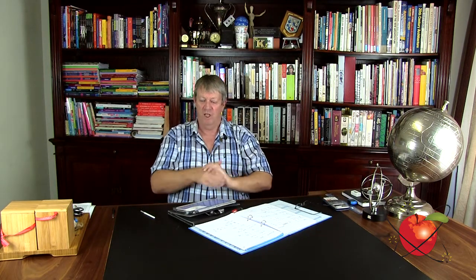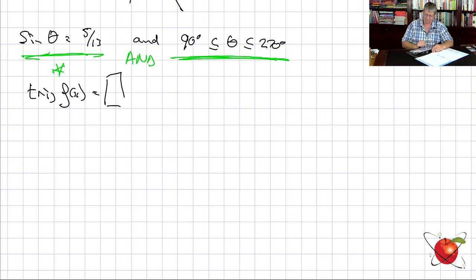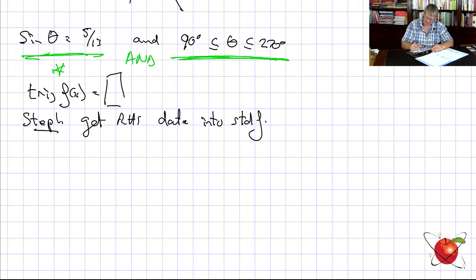So what are we going to do? First of all, we always get the left-hand side into the form of a trig function equals something. So step one is to get the right-hand side data into standard form, which is trig function equals something.